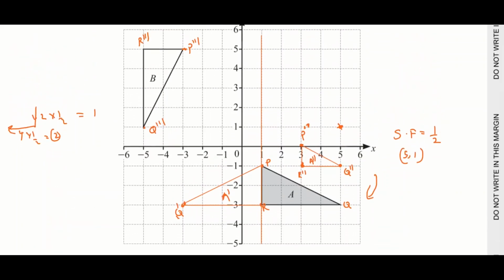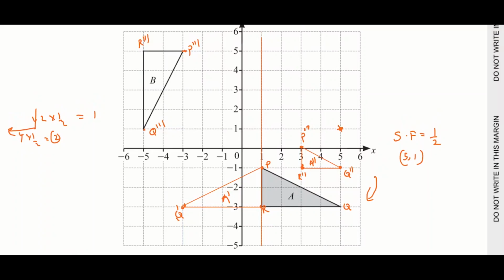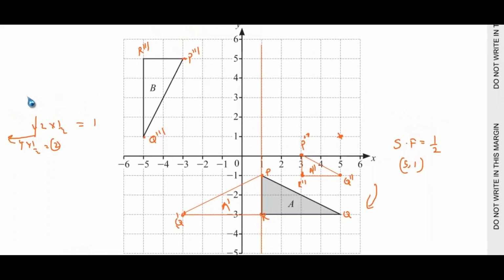So now the first thing is to find the center of rotation. To get the center of rotation, I have to join corresponding points together, then I will bisect them. So for instance, P and P prime prime prime. Oh sorry, let's reverse that. Let's join P and P prime prime prime together.